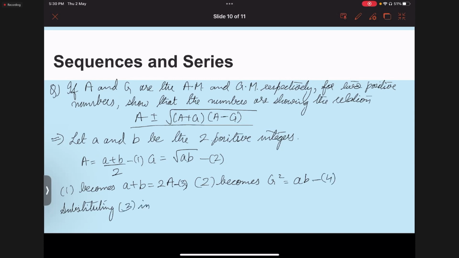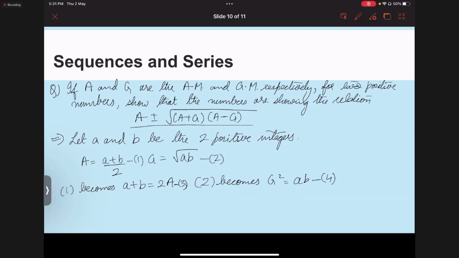Substituting 3 in 1, we get A. Now in place of a plus b, we'll put 2A. So A is equal to 2A by 2, and your G squared, or your G, actually no, sorry, we will not substitute these in the original equation. I'm sorry, I made a mistake.